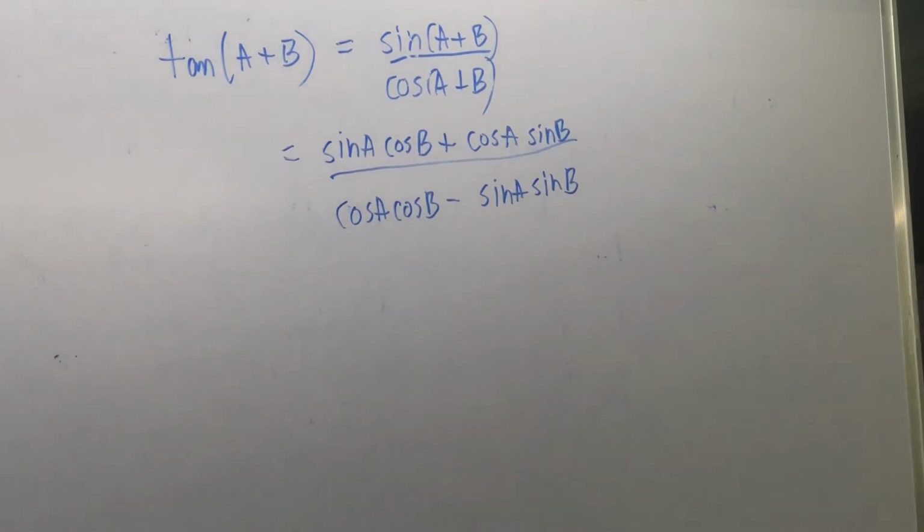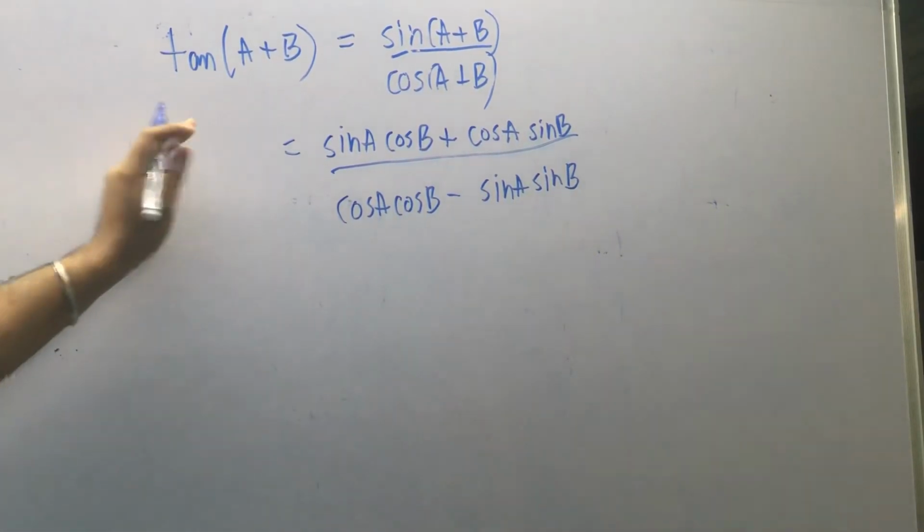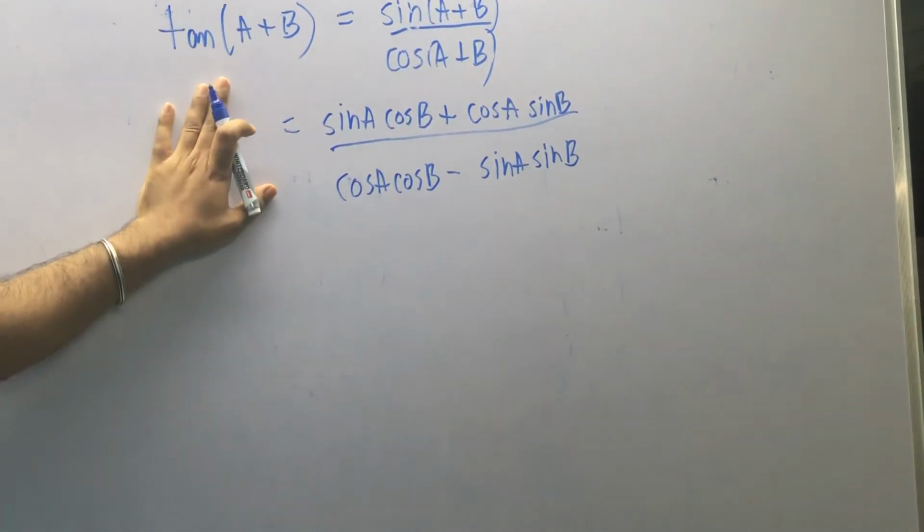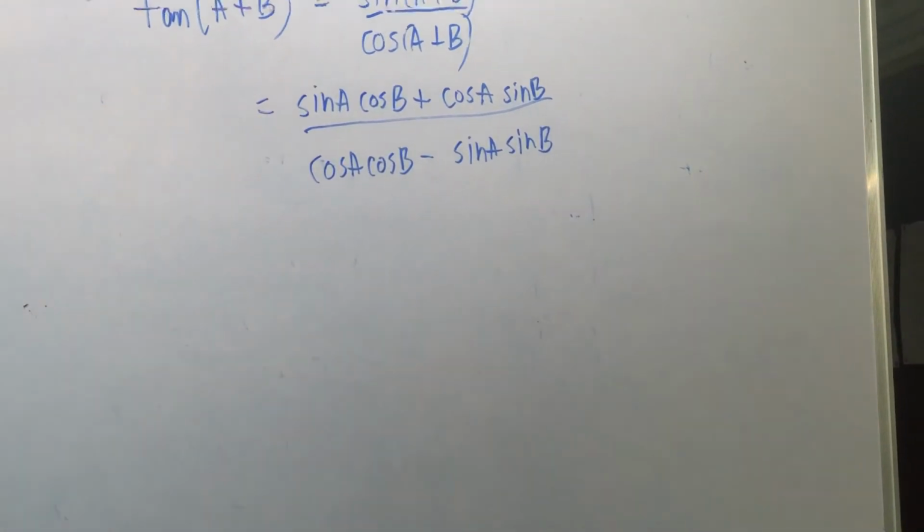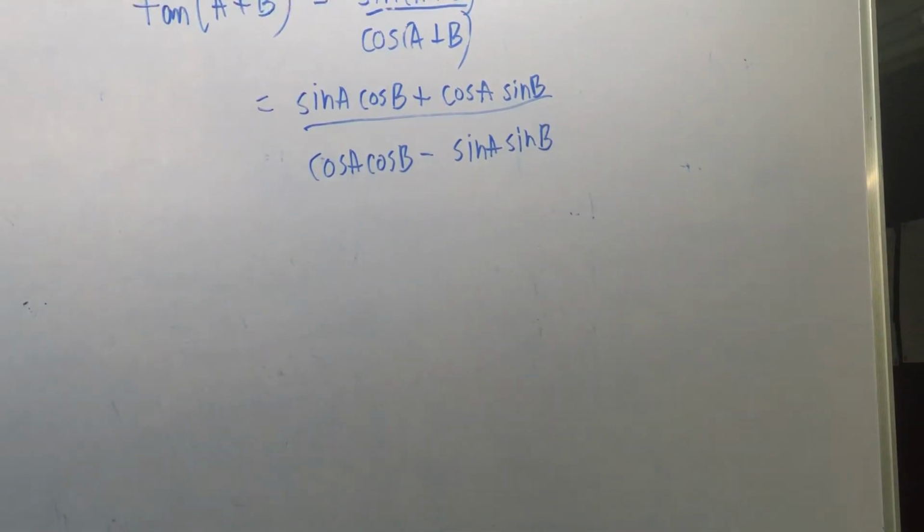Now see carefully. We have to find the formula because on the left hand side it is tan, and I have to find the formula in terms of tan only. So how can I do this? How can I convert this into tan?